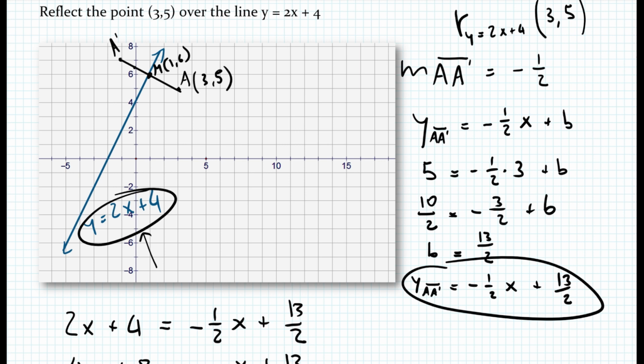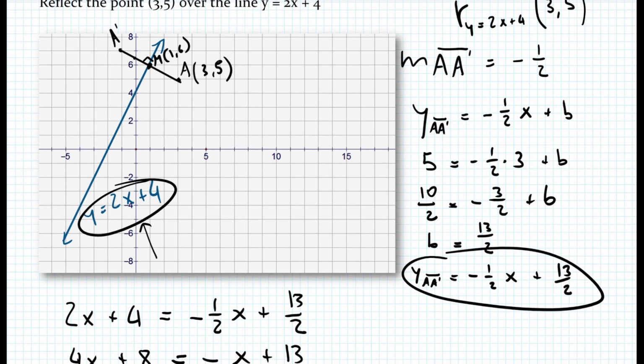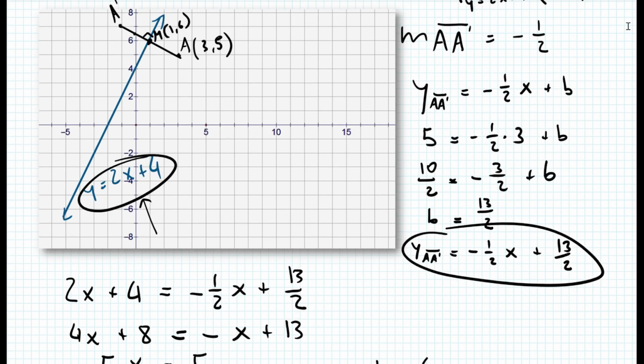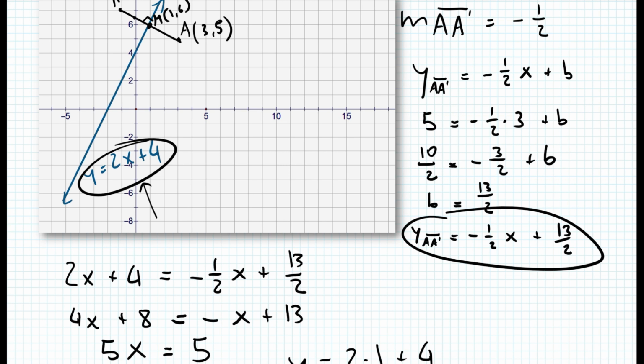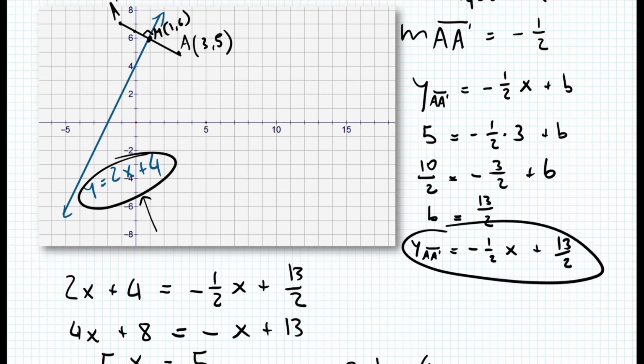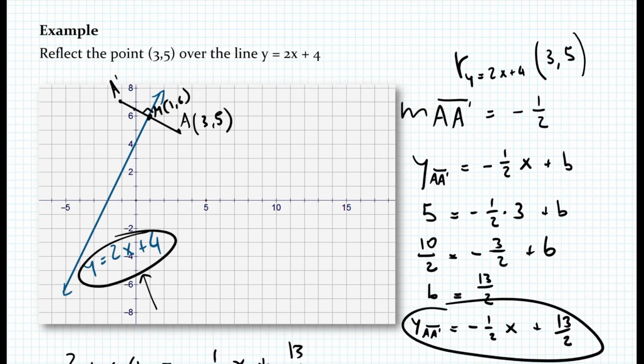Now, m is actually the midpoint of segment A prime, which means that we can use the midpoint formula to solve for this, okay? So we know that the midpoint 1 comma 6 is going to be the midpoint of 3 comma 5 and whichever coordinate. Actually, let me call this x comma y, okay?